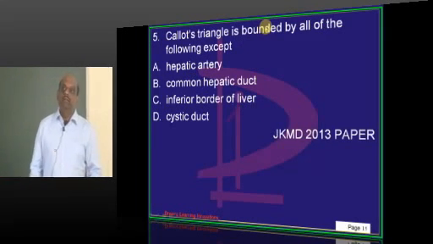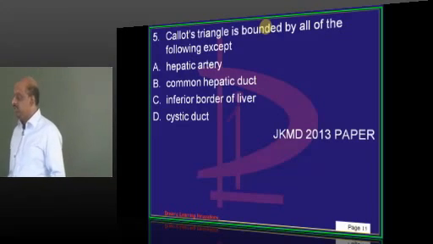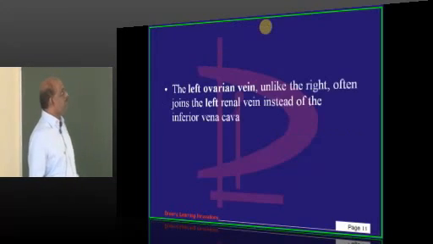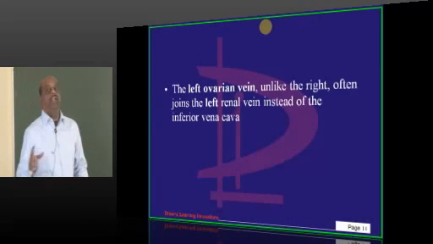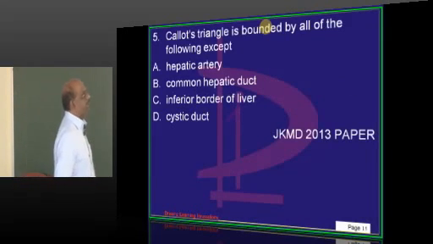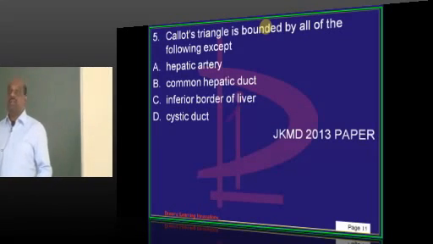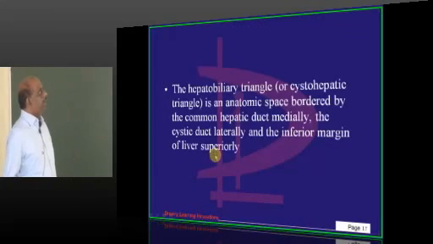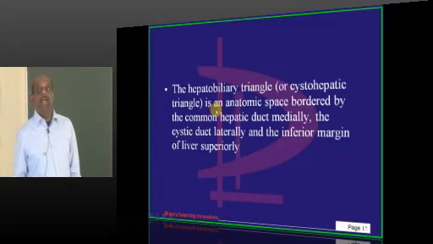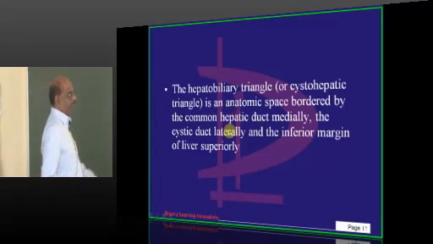Calot's triangle. There is a small correction about the earlier question. The answer should be into the left renal vein instead of into the inferior vena cava. Calot's triangle, what are the boundaries? Typically, it is also called the hepatobiliary triangle.